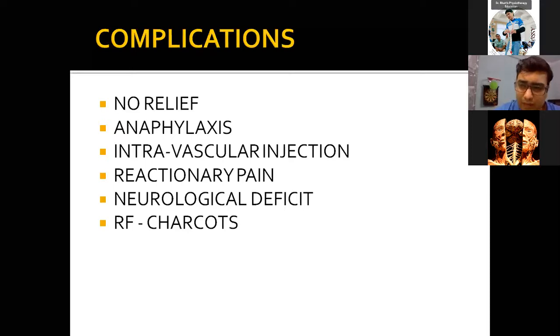You should wait after giving local anesthetic. In spite of everything, you should wait for 5 minutes and watch for any anaphylaxis before giving the steroid injection. And of course, it is always better that it is given in a hospital setup so that, God forbid, if there's any complication, it can be managed better in a hospital setup than in a clinic or in the OPD.